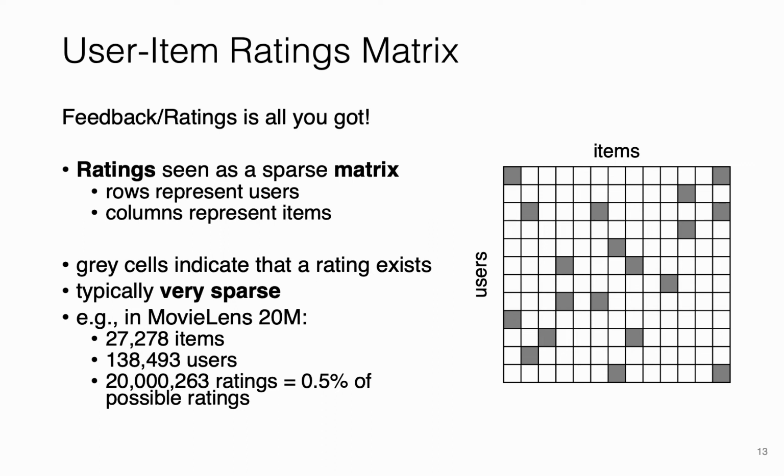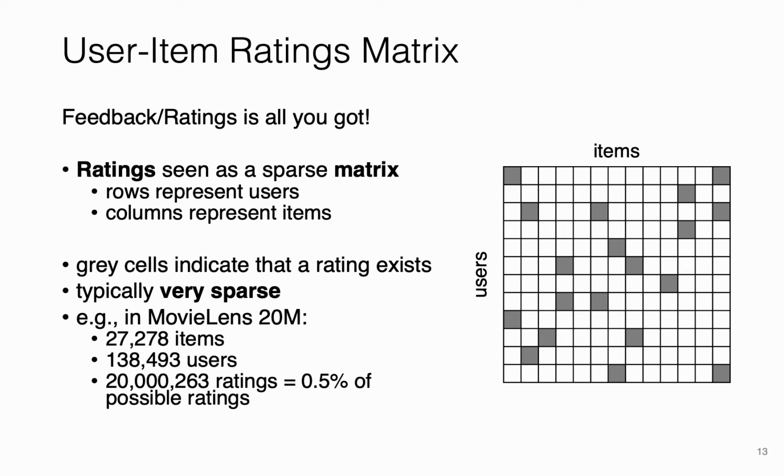White cells mean that the system has not received any rating for that particular user-item pair. Typically, the number of gray cells is much less than the number of white cells. We say that the ratings matrix is very, very sparse.